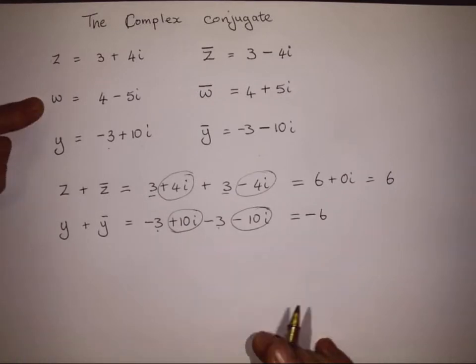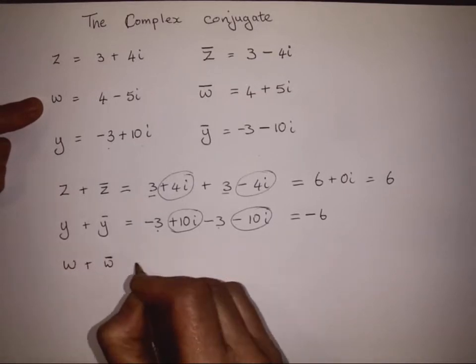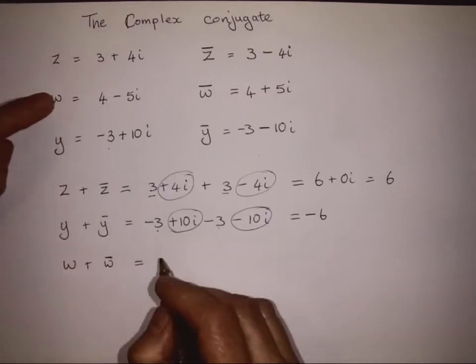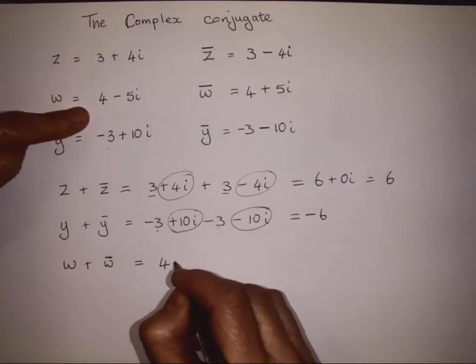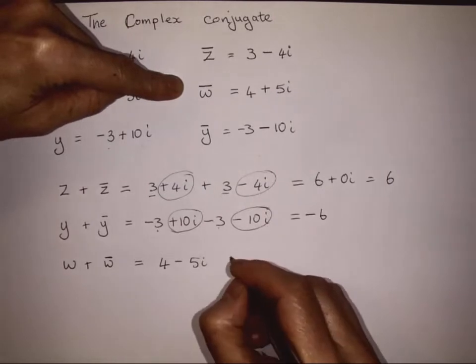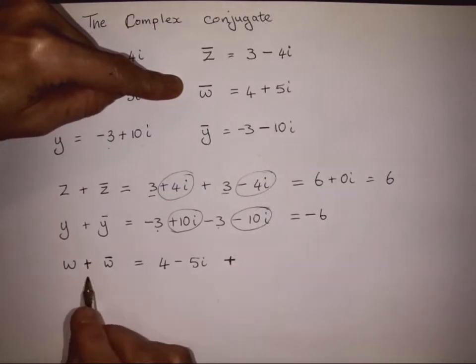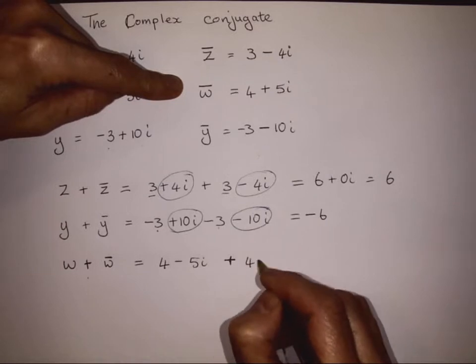Then let's try the w. w plus its complex conjugate, w bar. So we'll have 4 minus 5i, and then the complex conjugate, plus 4 plus 5i.